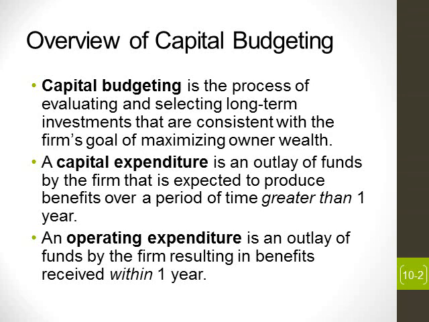So let's take a look at the process and the definition first. First of all, how do we define capital budgeting? Now, capital budgeting is the process of evaluating and selecting long-term investments that are consistent with the firm's goal of maximizing owner wealth. What does it actually mean?